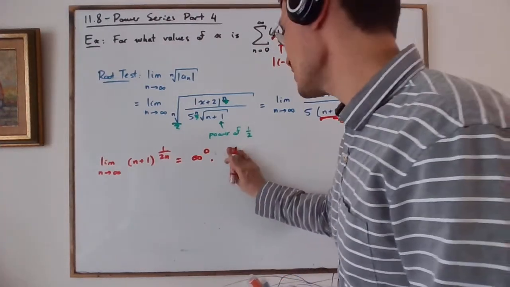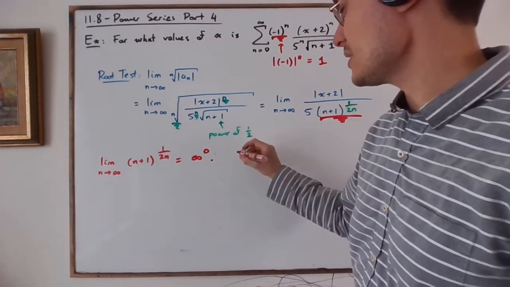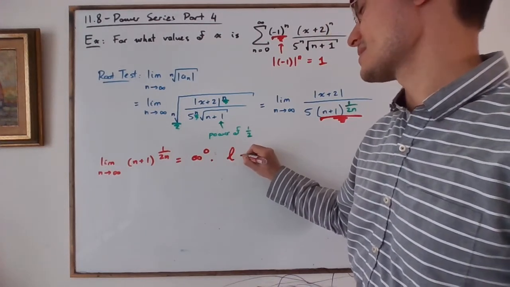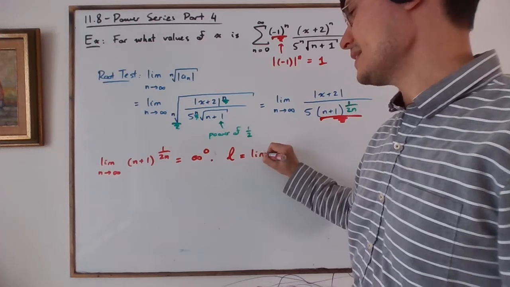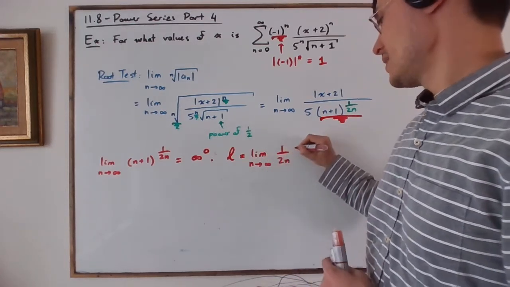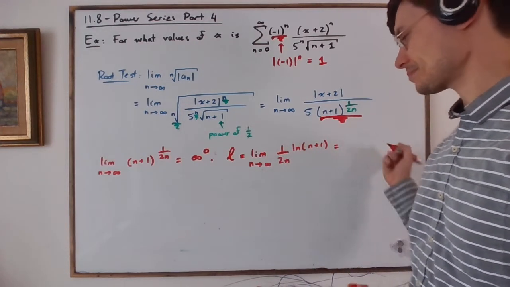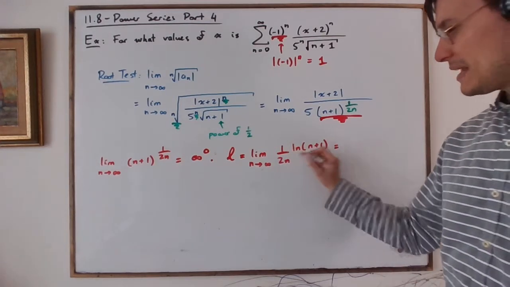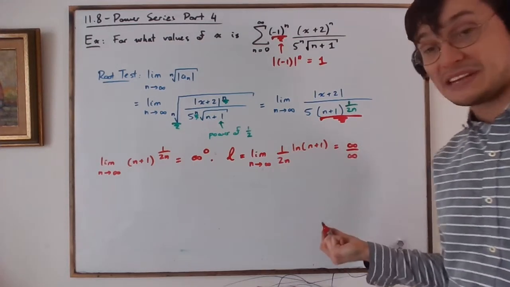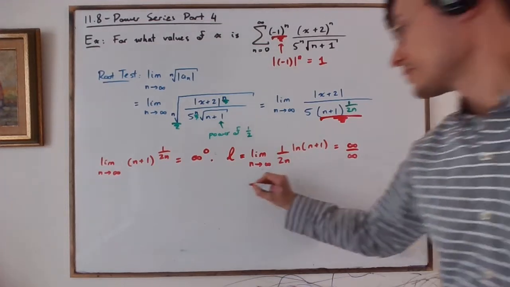So let's call this limit L. L will be the limit as n approaches infinity of 1/2n times the ln of n plus 1. Now, if you replace n by infinity, you're going to get simply infinity divided by infinity. So in this scenario, you know that you can use L'Hopital's rule.